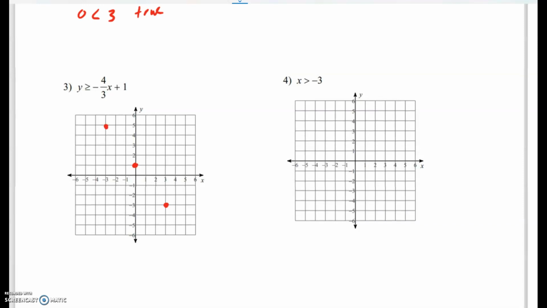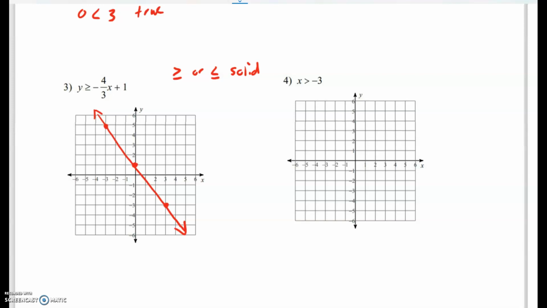Now this line, before I connect the dots, I see that it says greater than or equal to, right? So it has the or equal to symbol with it. That means the line is included. Anything on this line should be a part of it, which we show by just making the line solid. Okay? So anytime you have a less than or equal to or greater than or equal to, it's a solid line.